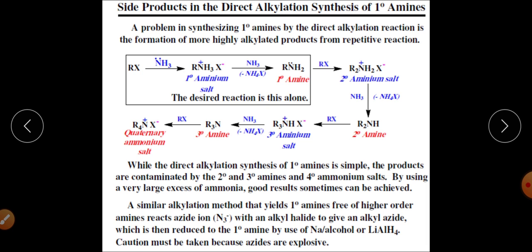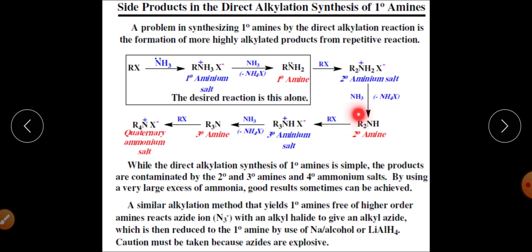If the concentration of alkyl halide is more, then the primary amine prepared will further react with alkyl halide and get converted into a secondary amine through the same mechanism.